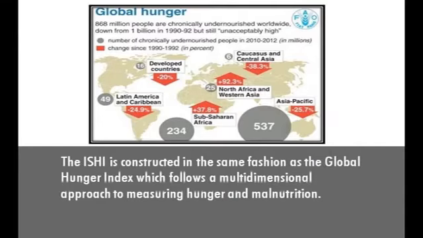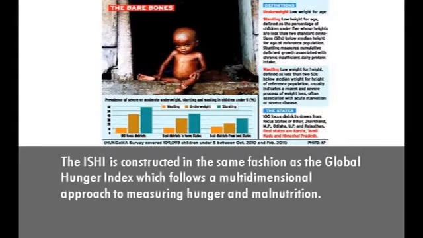The ISHI is constructed in the same fashion as the Global Hunger Index, which follows a multidimensional approach to measuring hunger and malnutrition.